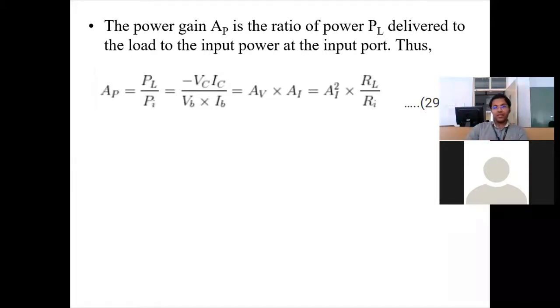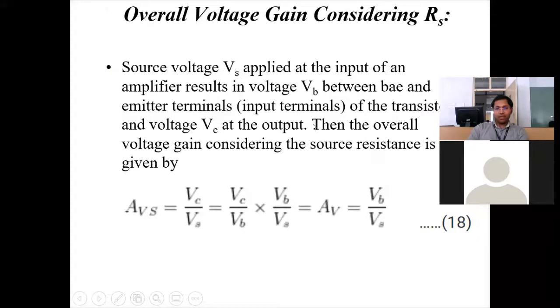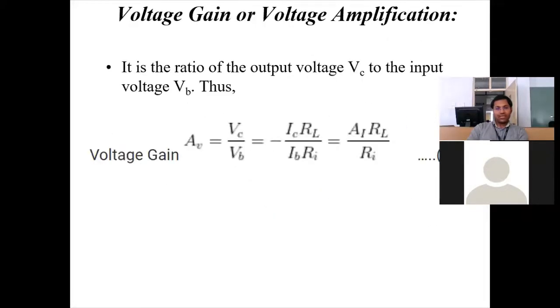Further, in the previous classes we have found out AV in terms of AI. What was the expression of AV that we found? AV in the previous class was AI into RL by RI.